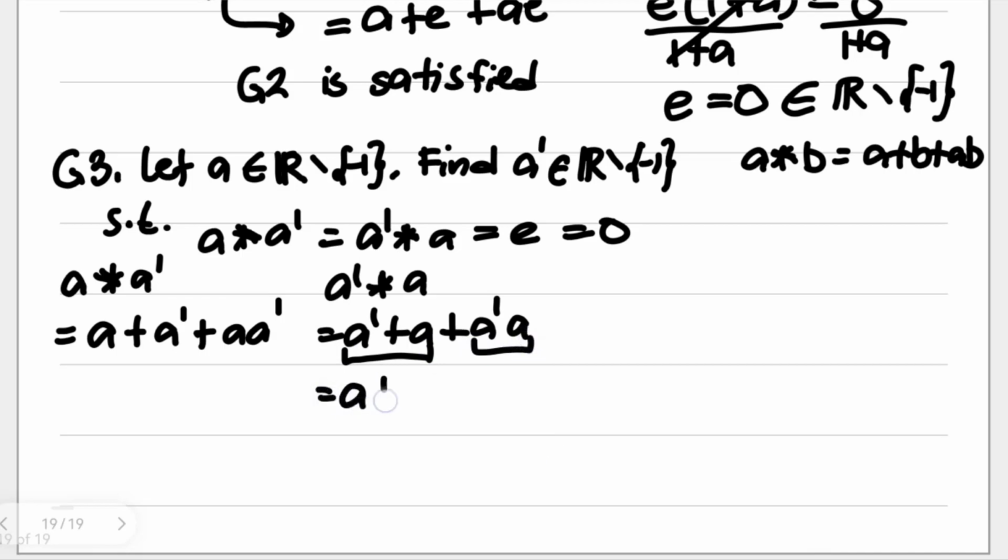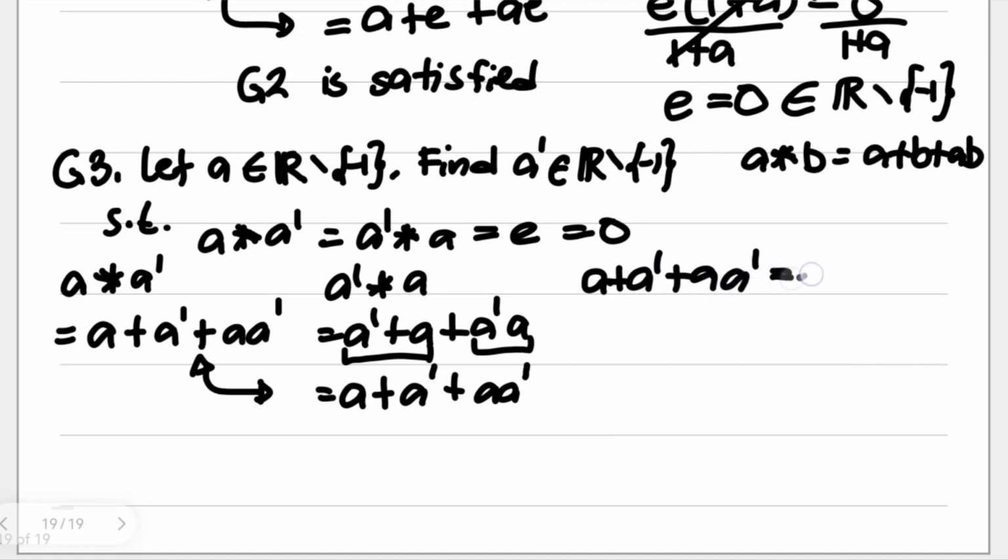So A plus A inverse plus A times A inverse. Now they are the same. This expression must be equal to E, which is 0. And let's find out the inverse of A.